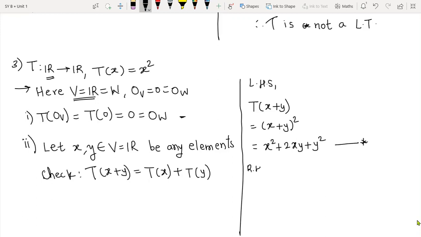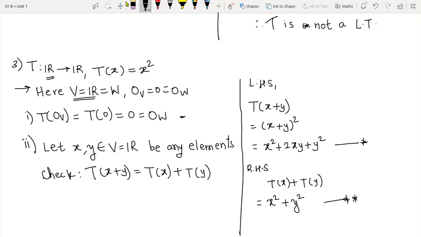Now what about our RHS? Our RHS will be T of x plus T of y, right, which is further equal to, so T of x will be x square and T of y is nothing but y square. So observe this star and double star properly.